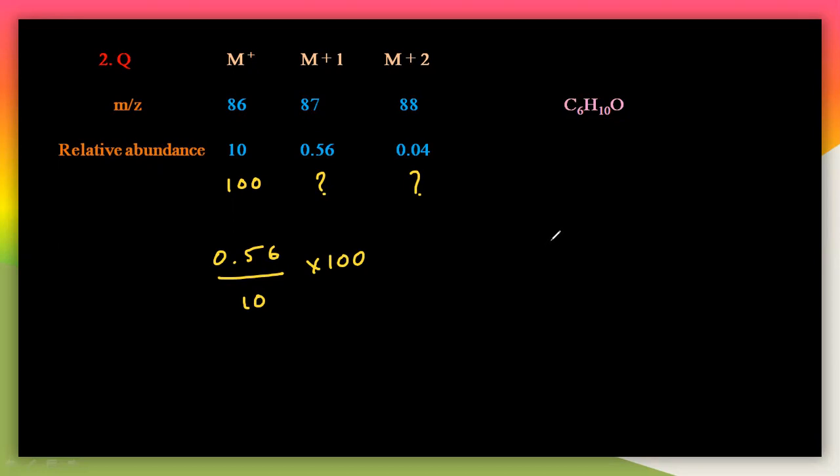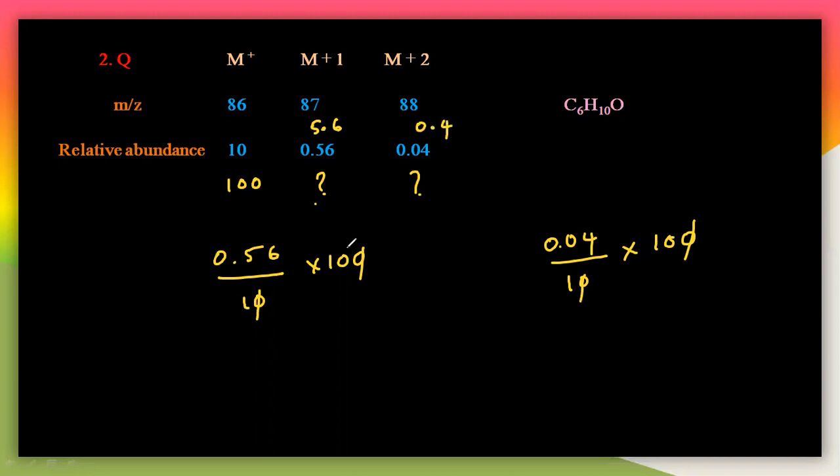And here again 0.04 by 10 into 100 here. So how much will you get? So you will get the particular value here like this. So see here. If you cancel this 0 and multiply with 10, you will get 5.6 here. And here you cancel 0 and 0.04 into 10, you will get 0.4 here.